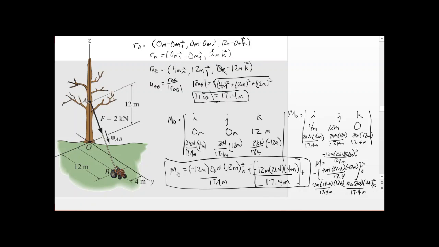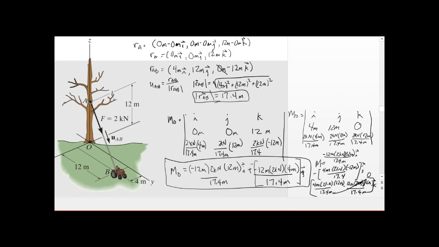Now the interesting part about this is that these two parts are going to cancel out to 0. So we would get the same answer that we had over here for just the I and J components for the moment.